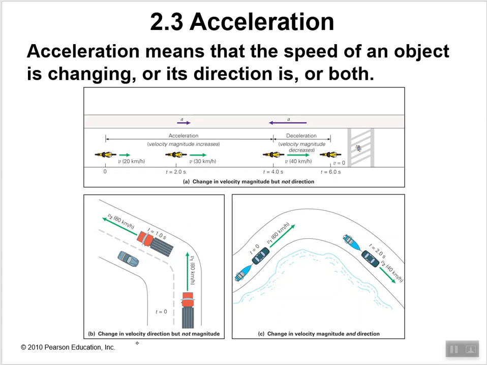Down here, change in velocity direction, but not the magnitude. So here it was going 80 kilometers per hour. Here it's going 80 kilometers per hour, but notice it's no longer going up. It's kind of going up and to the left. Or the same thing here. We could have both magnitude and direction. So here we have this car that was going 60 kilometers per hour, but it changes direction and it slows down and it's now going 40 kilometers per hour. So acceleration could be a change in speed, or it could be a change in direction. It could be either of those two, or both.